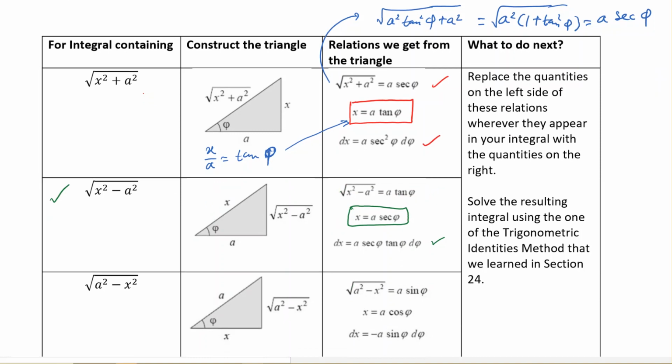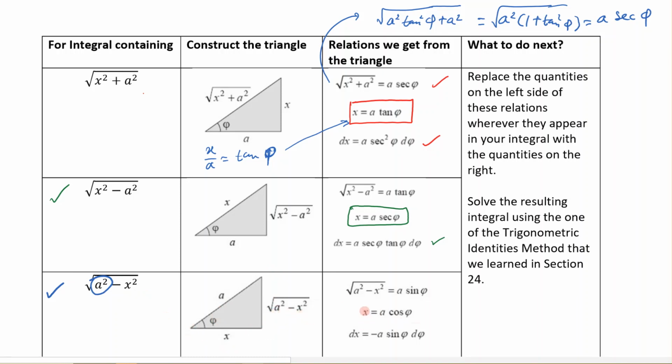Lastly, if you have something of the form square root of a squared minus x squared, then as the name suggests, a should be the biggest side. So we construct this triangle, and x is the other leg, and we get square root of a squared minus x squared.